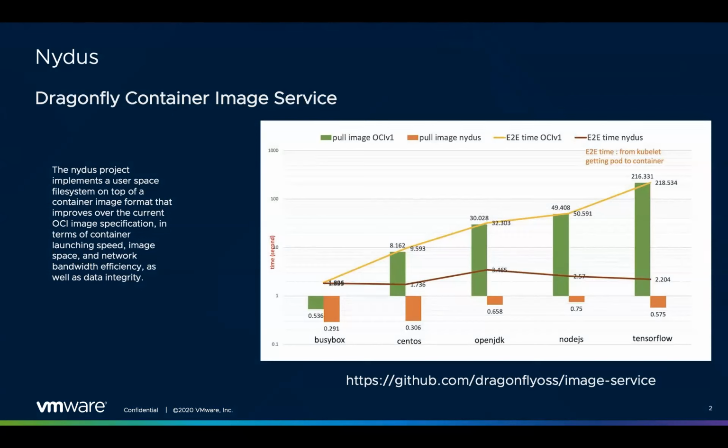The benchmarking result shows the performance improvements compared with the OCI image: as the image size increases, the container startup time of the Nidus image remains very short. If you want to know more details about Nidus, just go to the GitHub repo. They are also open source projects, and you can get more details in the documentation.